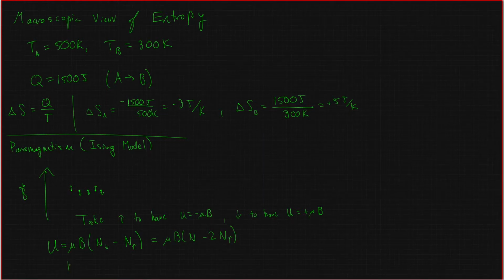And we'll also define another quantity, which we will call magnetization. We'll define that as big capital M, and it's also defined via the formula mu times N up minus N down. That will be equal to minus U over B.